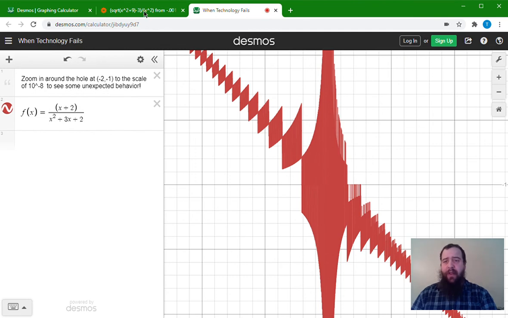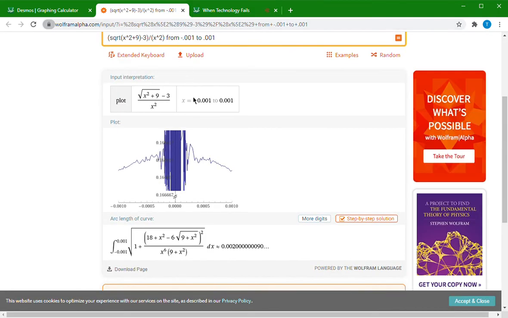And I also want to show you, there's this website called Wolfram Alpha where you can access Mathematica through the internet. One of the graphs that you can ask it to figure out is this particular function here. We haven't done nearly enough in this class to know what this graph looks like.